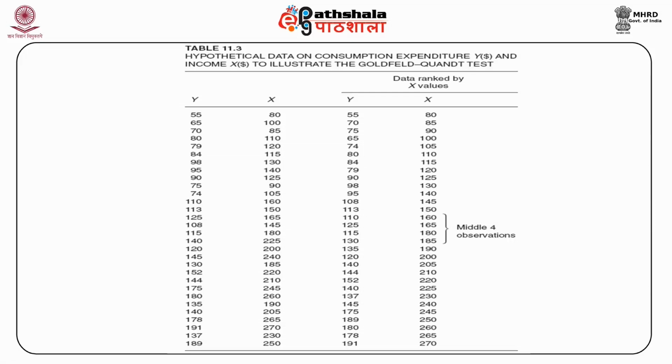Regression based on the first 13 observations: yi hat is equal to 3.4094 plus 0.6968 xi. Regression based on the last 13 observations: yi hat is equal to minus 28.0272 plus 0.7941 xi.